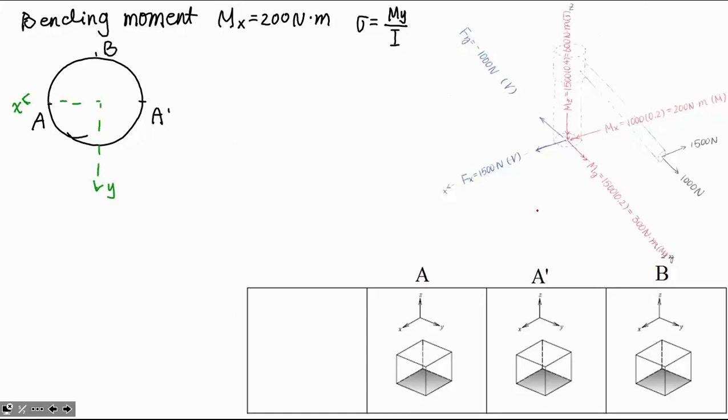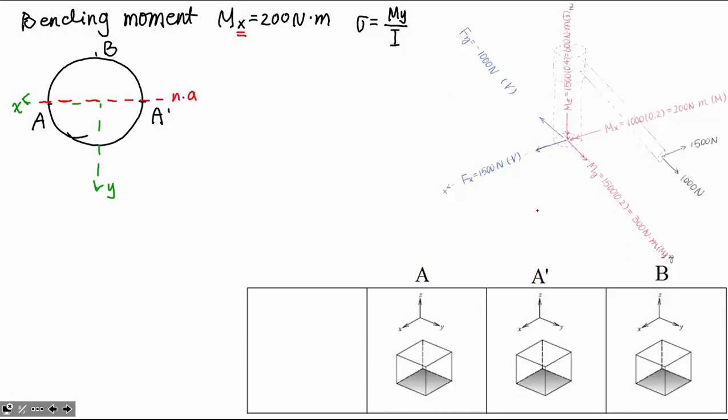Now, how could we identify the neutral axis? The bending moment is going to curl around the neutral axis. You can see right now your thumb is in the x direction, which means we are going to curl around the x-axis. So the x-axis is going to be our neutral axis.